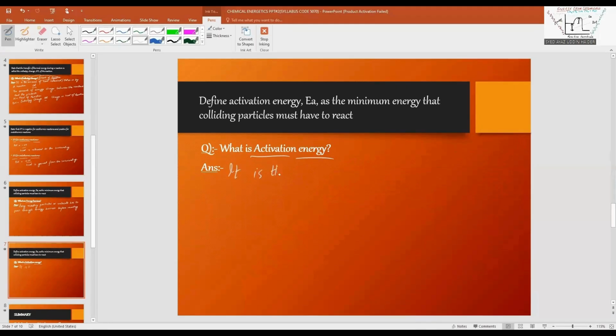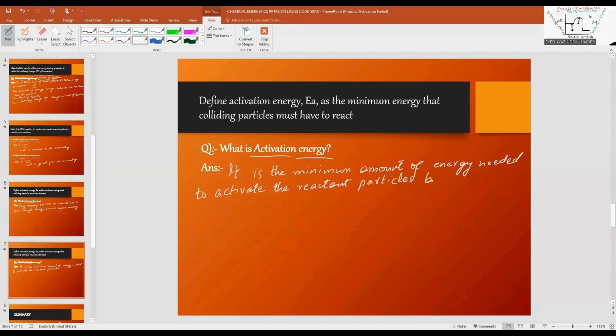It is the minimum amount of energy needed to activate the reactant particles before any reaction to occur.